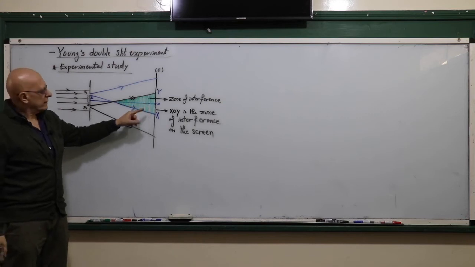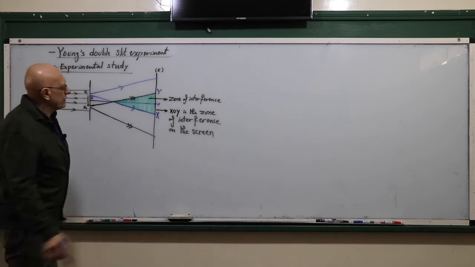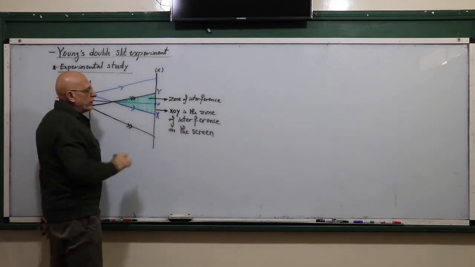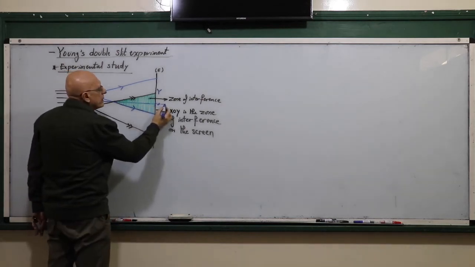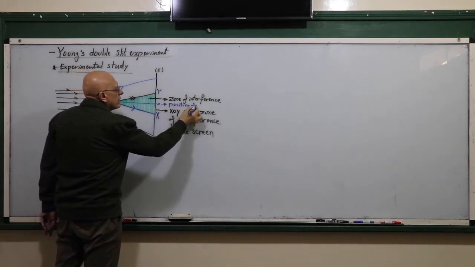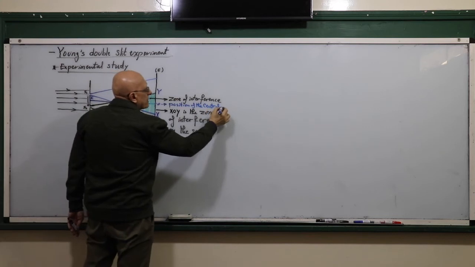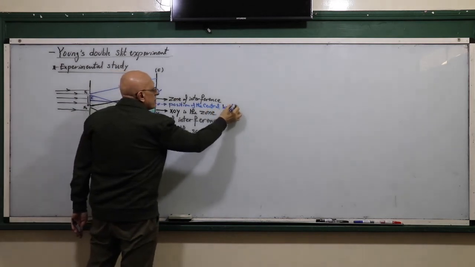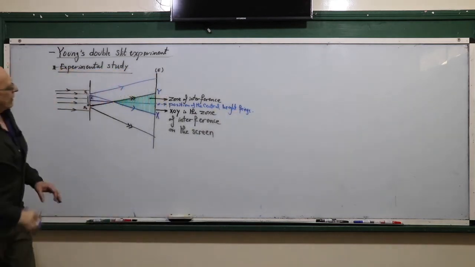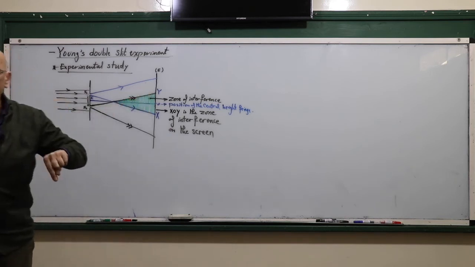We will prove later that at O, which is the midpoint of XY, there will be the central bright fringe, the position of the central bright fringe. Okay.